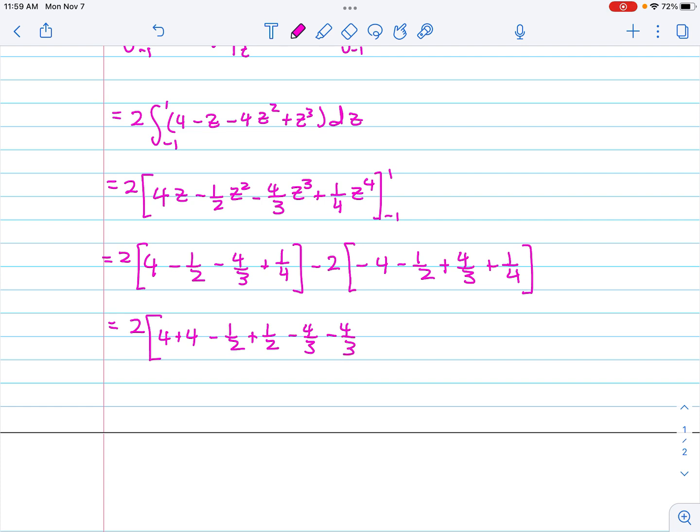And remember, I factored out the 2. And I've got a 1/4 minus 1/4. So I factored out the 2, and I hope I didn't mess up here, but I was kind of doing this in my head. I was trying to change the signs as I go. So hopefully we'll be okay.